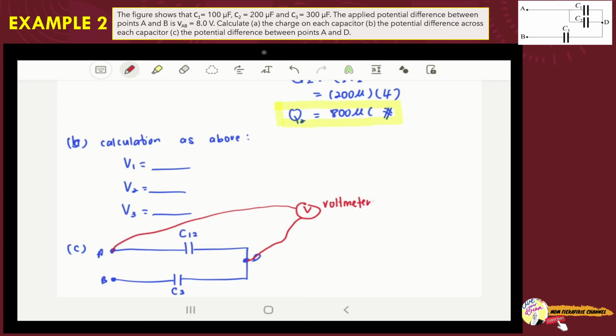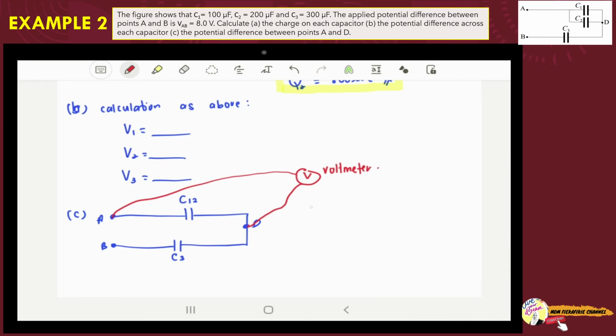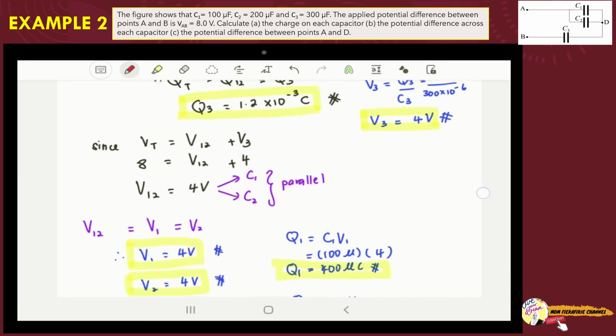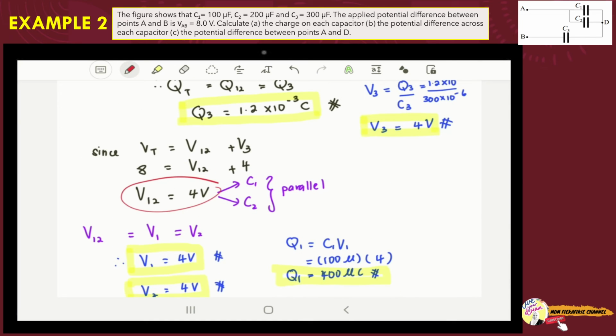Okay, what is the potential difference between A and D? So VAD must be equal to, okay, so this is VAD and it's actually the voltage across V12. So this is V12. So from the previous question, we have calculated that V12 is equal to 4 volt. Therefore, VAD is equal to 4 volt. Okay? Above, we already calculated V12 is equal to 4 volt.